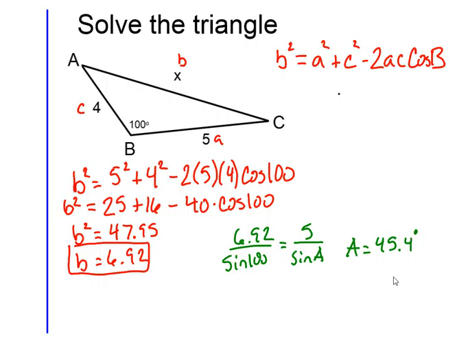And this is rounded. I'm not going to show you all the in-between steps right now because our last lesson was on the law of sines. If you're still having trouble solving an equation like this one in green, go ahead and go back and rewatch that video or check your notes.